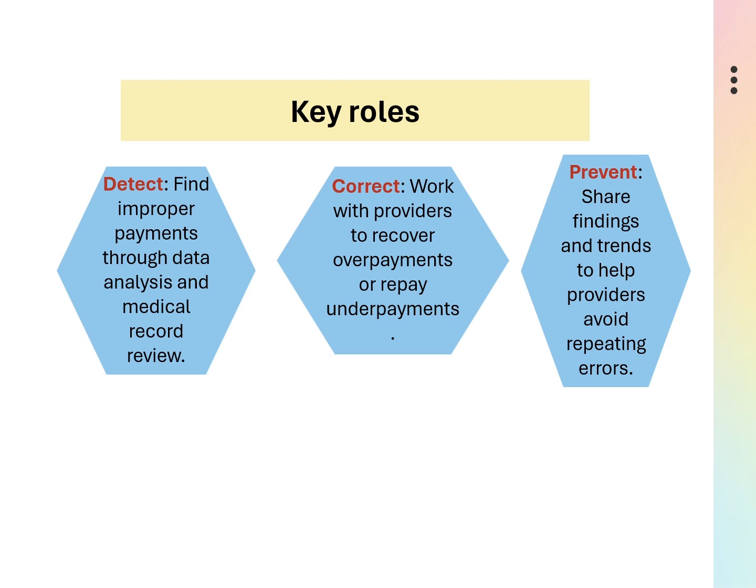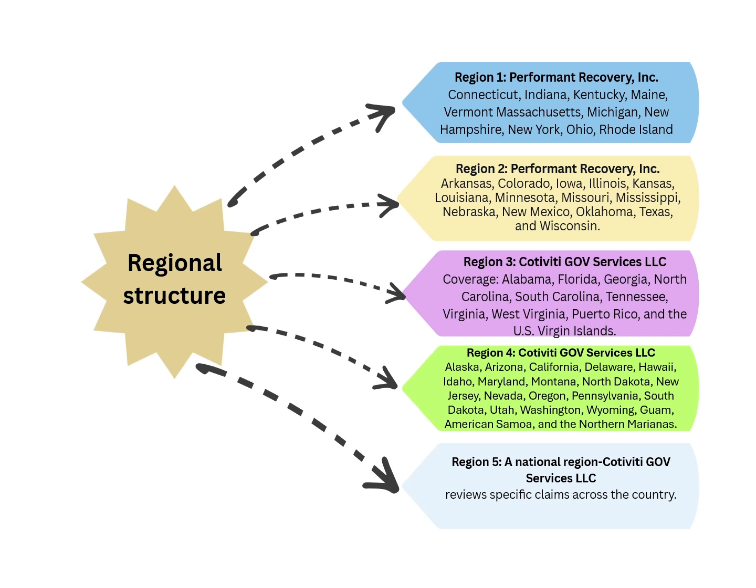Regional structure. The U.S. is divided into 4 RAC regions, each managed by a contracted company. The current RAC regions and their contractors are: Region 1, Performance Recovery, Incorporation. Coverage: Connecticut, Indiana, Kentucky, Maine, Vermont, Massachusetts, Michigan, New Hampshire, New York, Ohio, and Rhode Island.